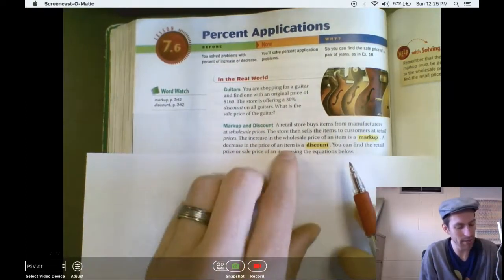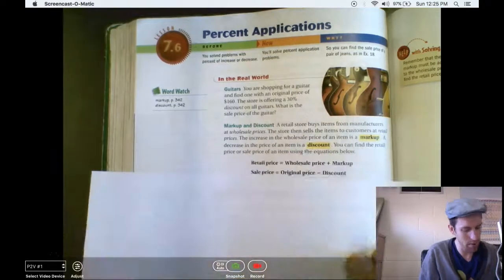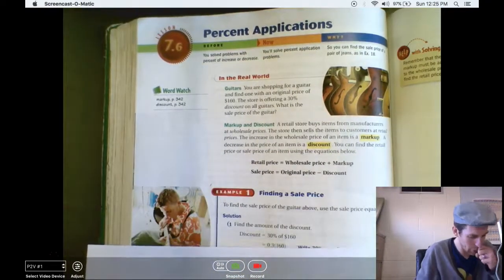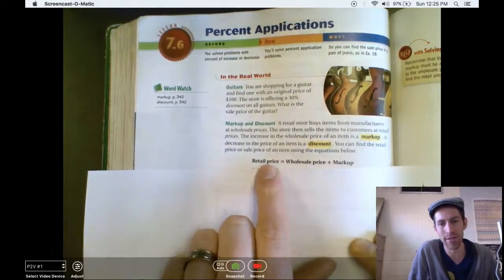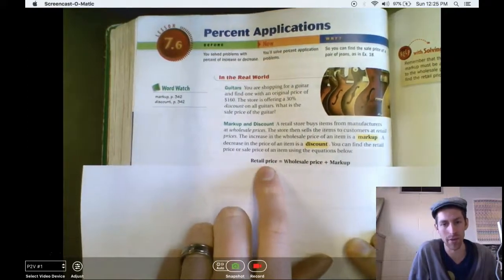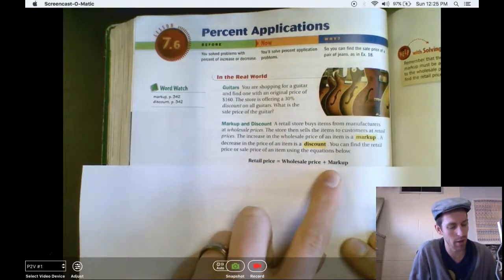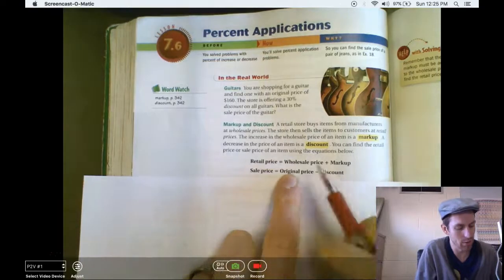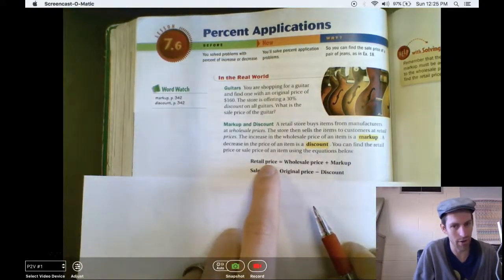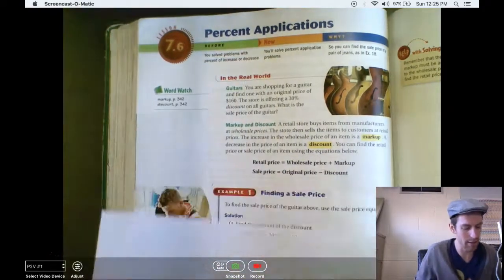A decrease in the price of an item is a discount. All right. So let's check this out. The retail price is the price that you see at the store. Okay, it's the wholesale price plus the markup. Sale price is the original price, which would be the original retail price, right? Minus the discount. So let's do a problem here.